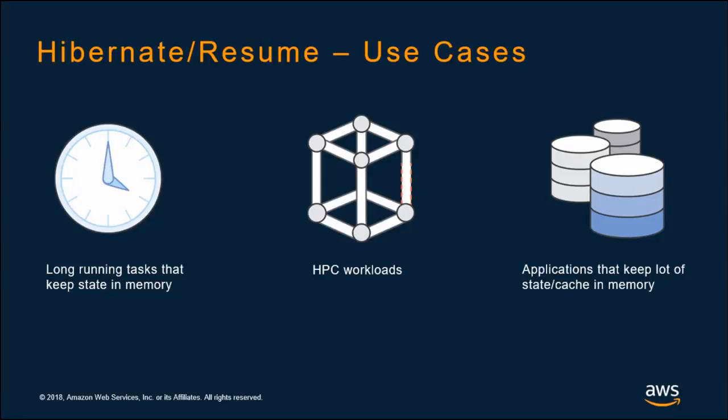Obviously, high-performance computing workloads is another use case that might be fantastic here, where, again, you might be relying on third-party software, so you can't do checkpointing, or you have a long-running job. You can use hibernation so that you don't have to re-architect right now. And then finally, any application that keeps a lot of state or cache in memory, this could drastically reduce the complexity of dealing with instances being reclaimed.